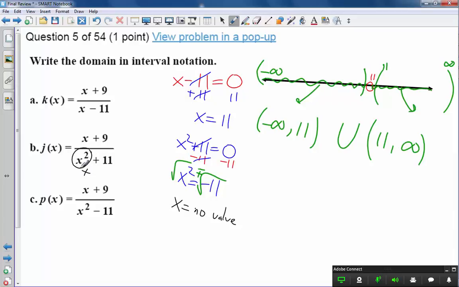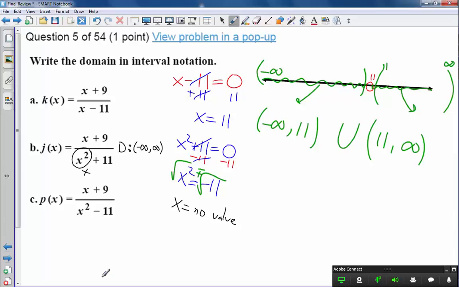If you add 11 to a positive number, it can never become 0. Even if this thing is 0, 11 is going to make it 11 more, so it's still safe. Okay? So part B, domain is all real numbers. In other words, it's asking interval notation, it's this one.